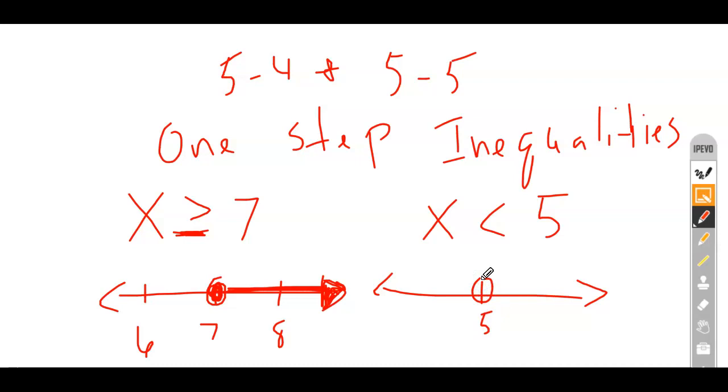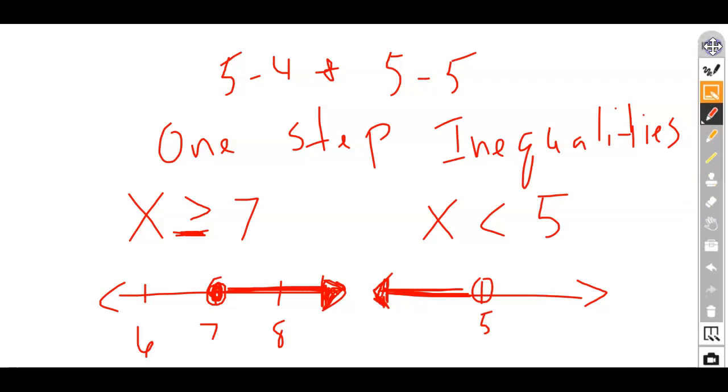Open circle, right? Shaded to the left, because x is less than 5. 5 is not part of my solution, right? Therefore, it has to be an open circle. Okay, that was the basics that we talked about yesterday. We saw how that worked.